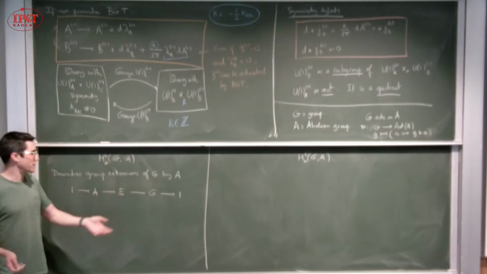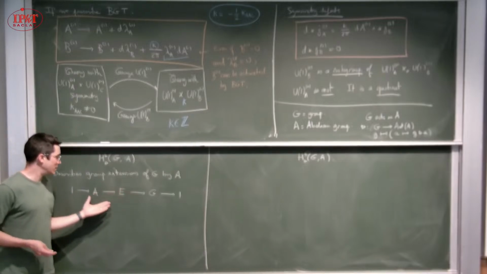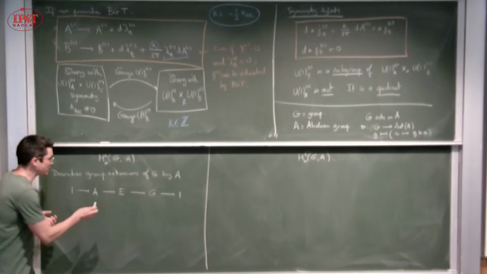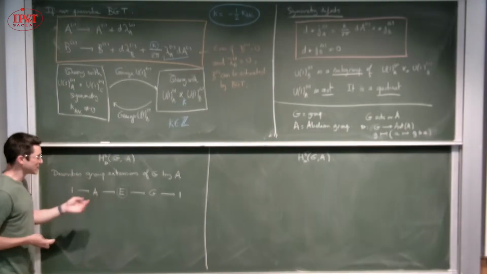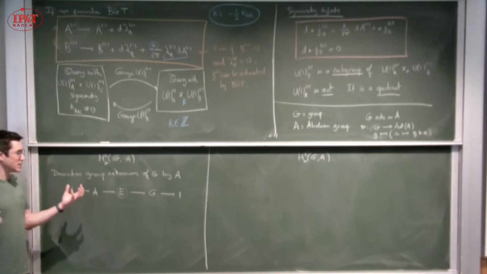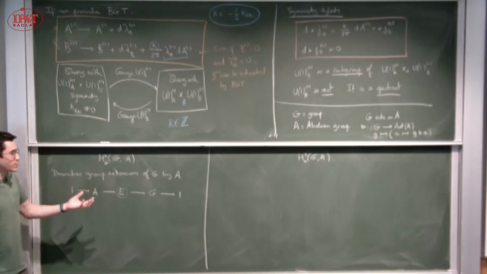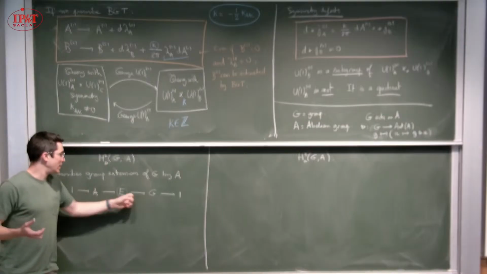There are a lot of things I don't say, but these are group extensions, which means this thing is a group, that's the extension, and it's built out of two ingredients. The two ingredients are G and A.